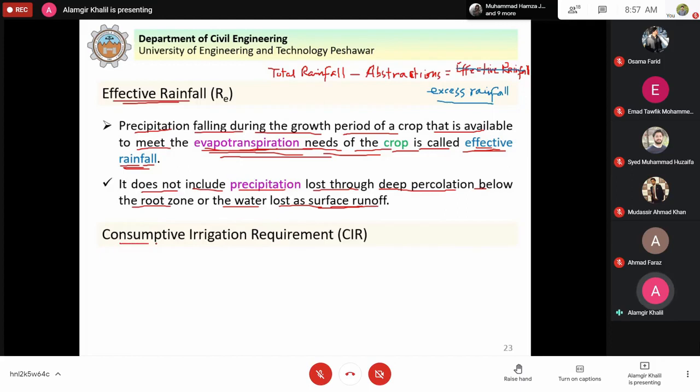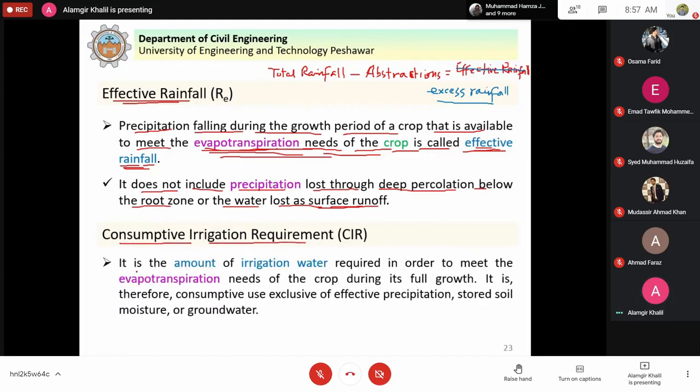Next, we define consumptive irrigation requirement. It is the amount of irrigation water required in order to meet the evapotranspiration needs of the crop during its full growth.